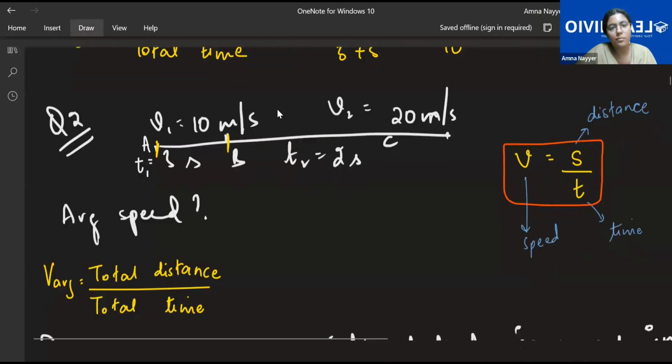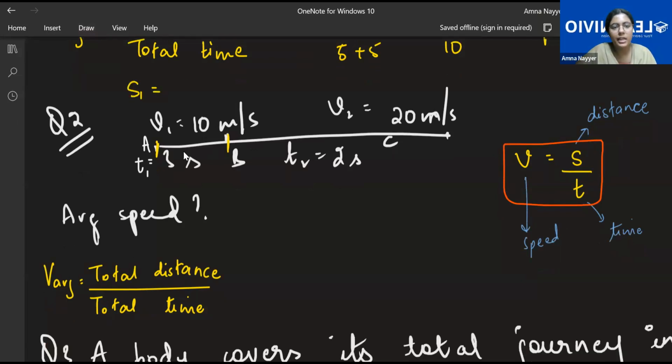So if I want, from here I can calculate the individual distance. S1 will be 10 into 3. Look, what will be the distance from here? V into T. So S1 will be 10 into 3 and S2 will be 20 into 2. Now I have the distances with me. I have the time. Now I'll be able to solve the question.